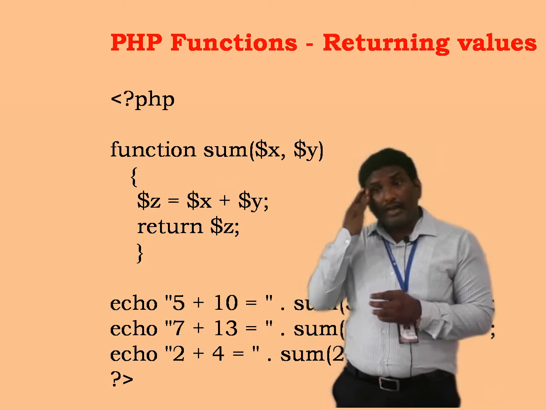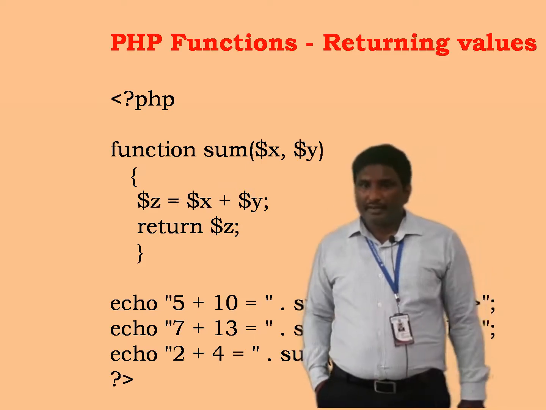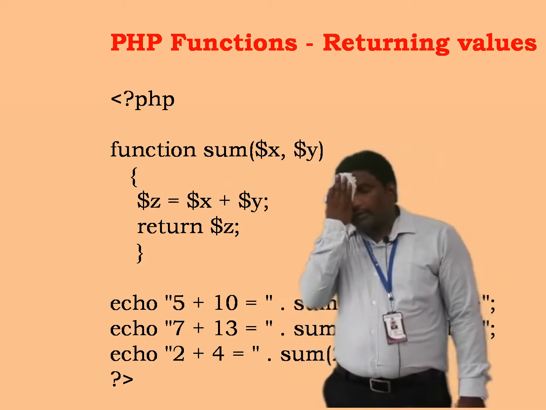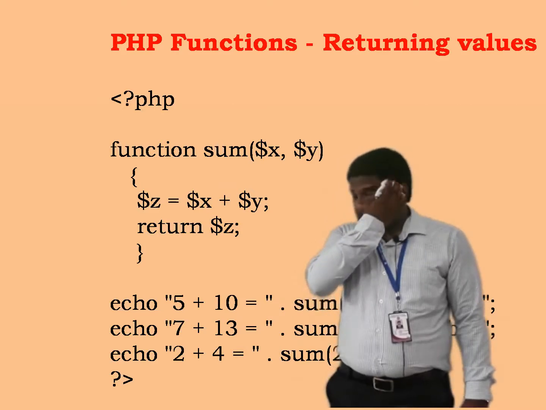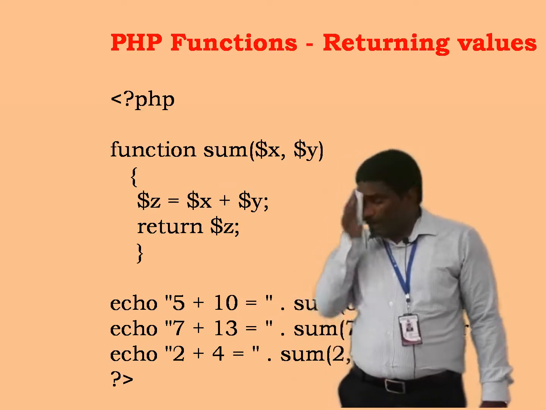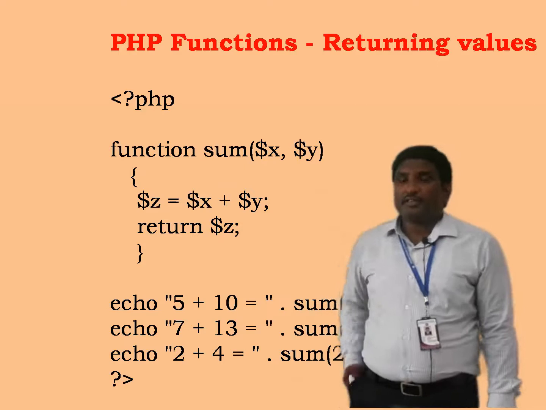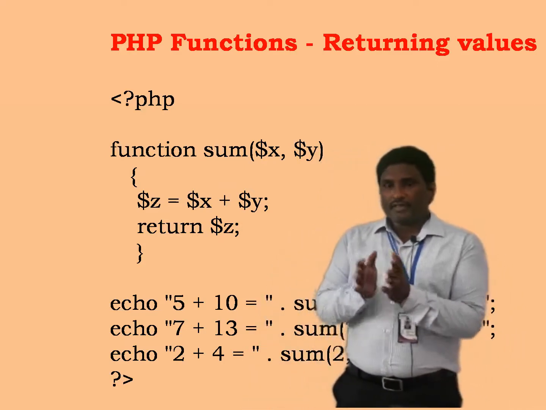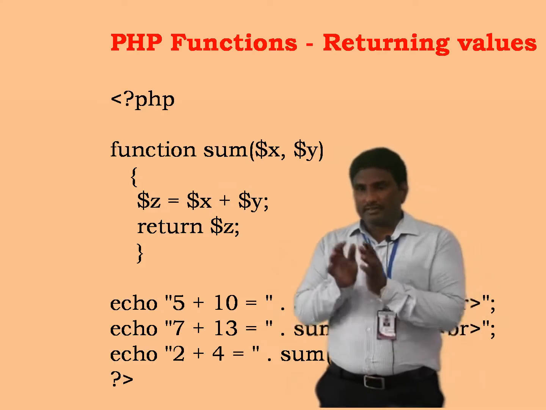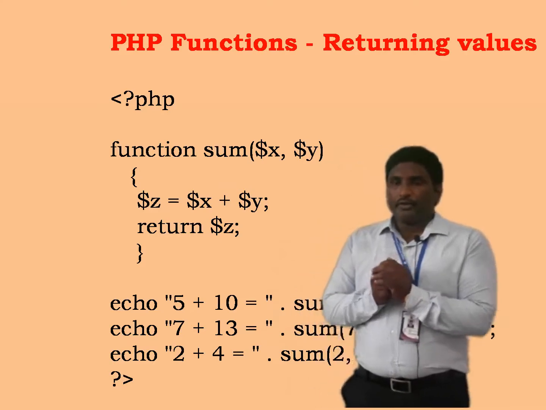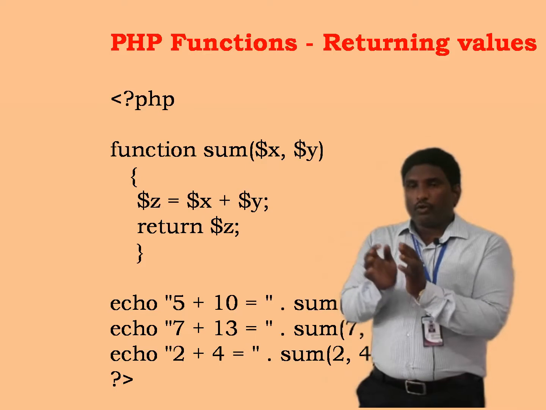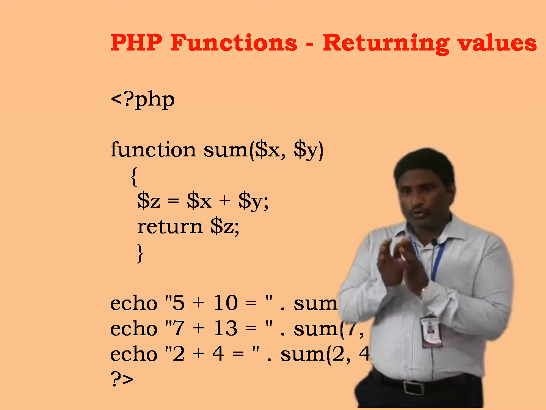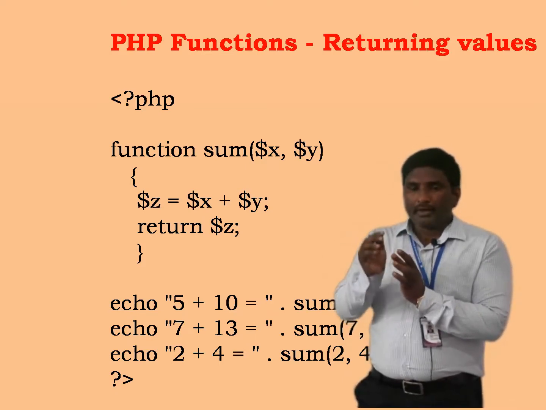Next program is function returning values. What is the returning type of the function? To return a value from the function, I use the return statement. In this example, my function name is sum, having two arguments separated by a comma.